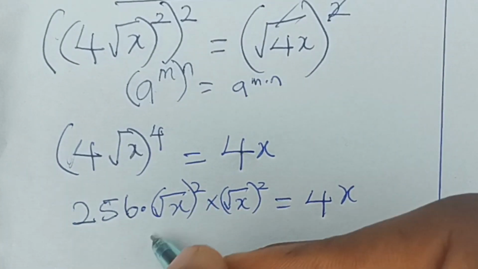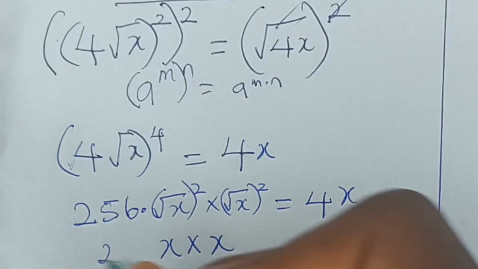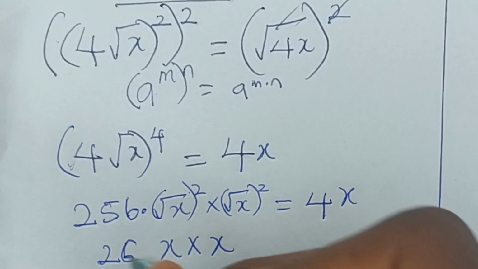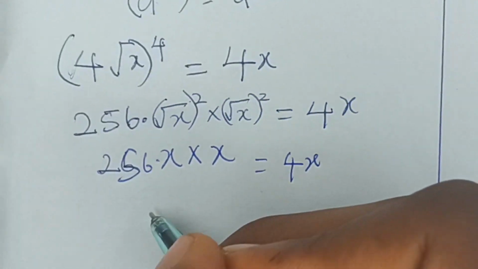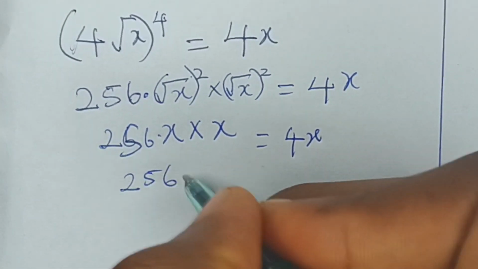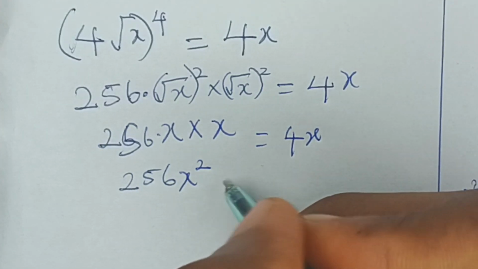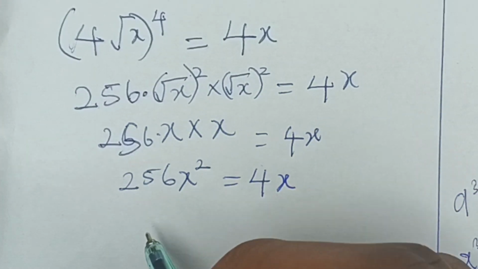Now, root and power will cancel, so we have x multiplied by x, which is x squared. This is times 256. Okay, and this is equal to 4x. Now, 256 times this is 256x squared. Okay, now this is equal to 4x.